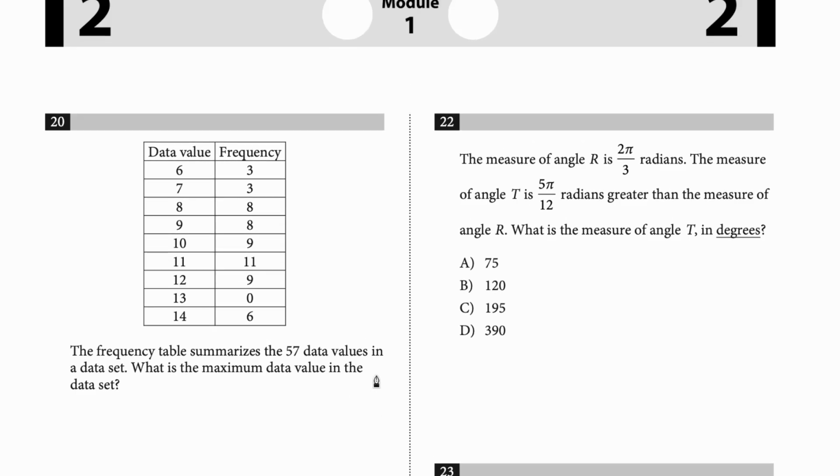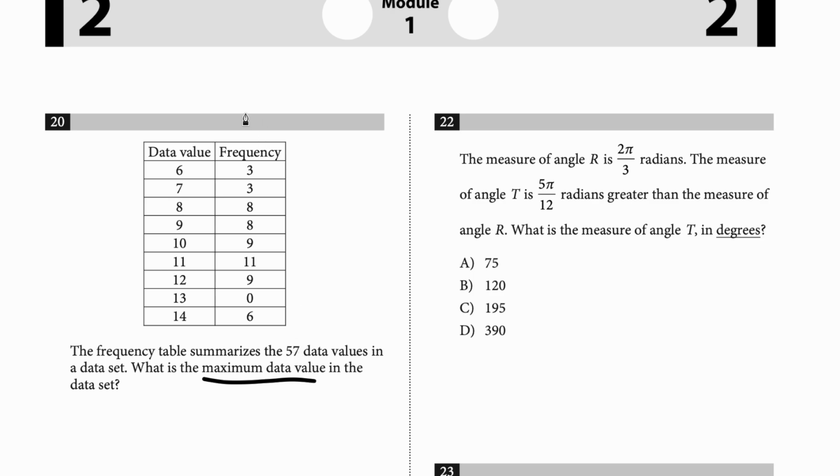The frequency summarizes the 57 data values in the dataset. What is the maximum data value in the dataset? So we're looking at an individual point. The maximum data value would mean the highest quantifiable amount of data for each thing.